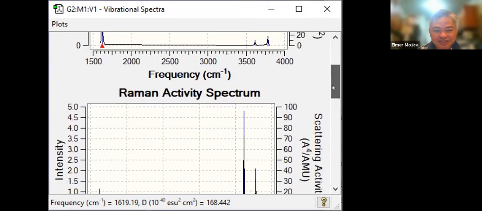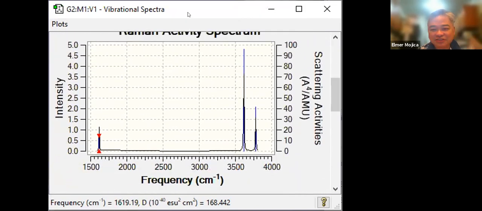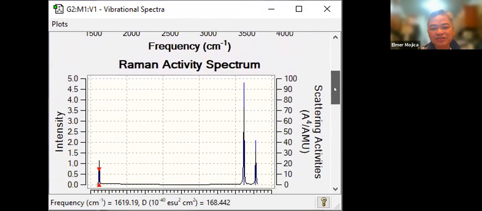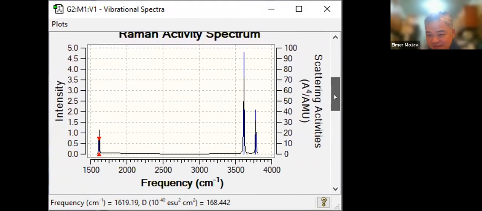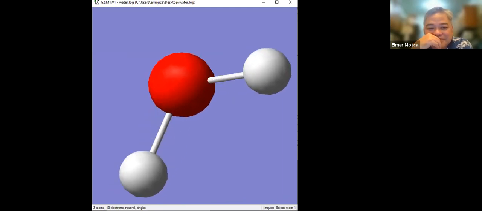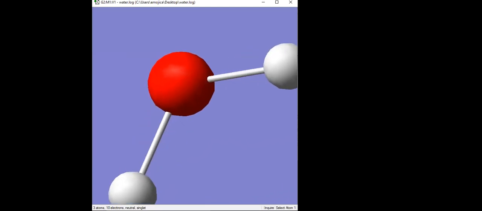Kita nyo, both IR and Raman, they have the same peaks. Yun nga lang, yung nakikita nyo movement kanina, mas ano siya doon sa IR compared doon sa Raman. But if we're going to move it on the other one here, around 3500, tingnan nyo ano yung movement. What movement is that? Stretching po.